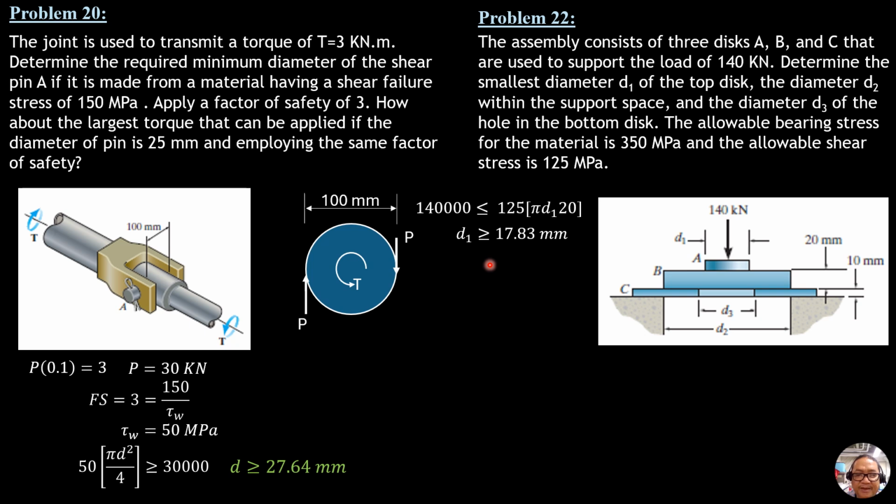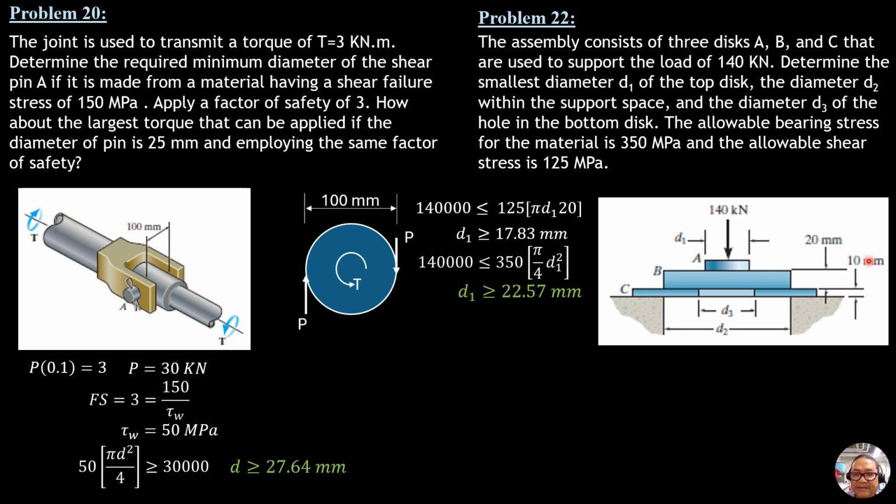So 140,000 is less than 350 times pi over 4 diameter 1 square. If bearing failure controls, this one is greater than 7.83, so this should be the answer, 22.57 mm.